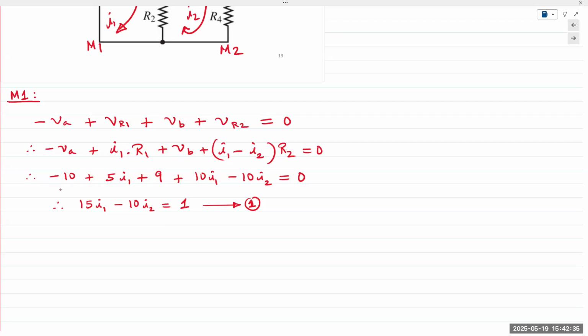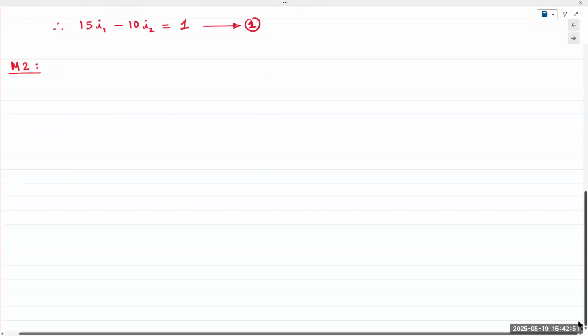All right. Then let's look at mesh 2. In mesh 2, I have 1, 2, 3, 4, 5 different voltages.